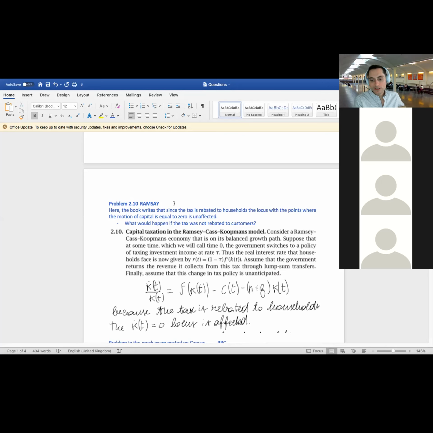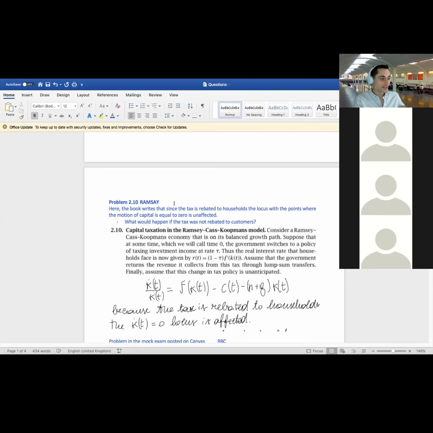Suppose that the government destroys the capital that it taxes. Then in this equation for the law of motion of capital, you have to take away the part that the government destroys. So there's going to be an additional term there. But you just have to make an assumption about what the government does with the capital, and then whatever that is will work its way through the model somehow.